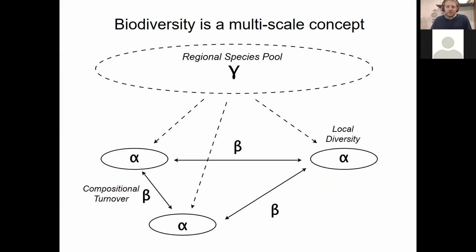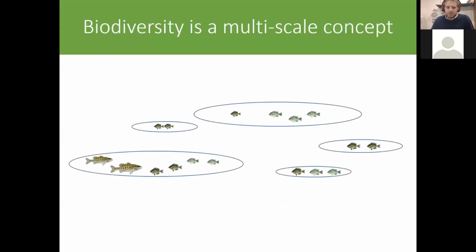So generally, we think about diversity like this in modern ecology. This concept is actually half a century old now, the idea of dividing biodiversity up into alpha, beta, and gamma diversity. Alpha diversity is a measure of local diversity, either richness or evenness at a local scale, beta diversity is a scaling metric, and gamma diversity describes the regional diversity.